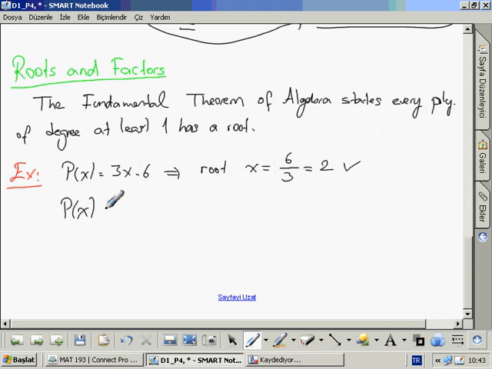Another polynomial is 5x squared minus 100, and the roots are x equals plus or minus 2 times square root of 5. And let me write the factor theorem.